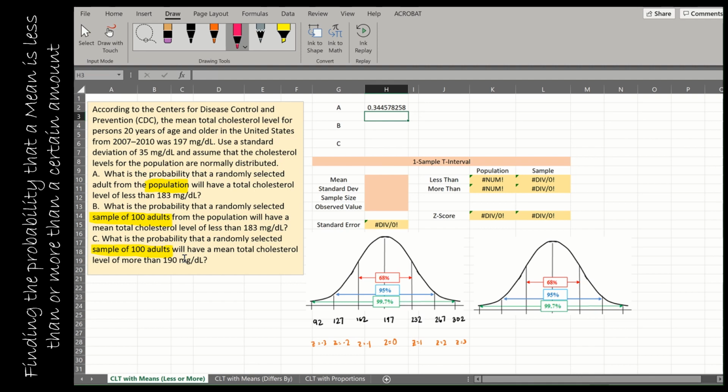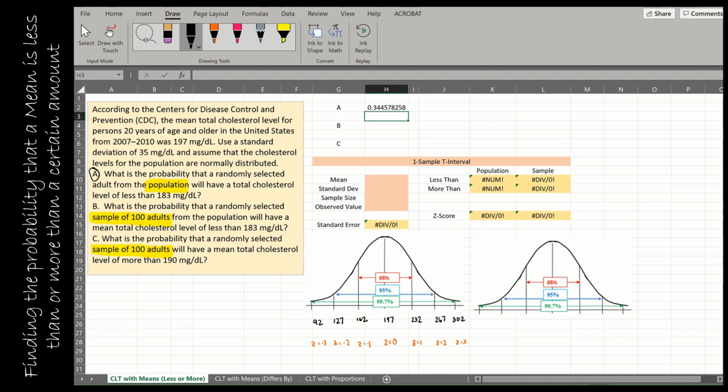Now, question B is the exact same question, except that instead of something from the population, we have a sample of 100 adults. So what the central limit theorem says is that if you continue to take samples of size n, or if you increase the size of n, you'll get closer and closer to the real normal model, which is what we used here.